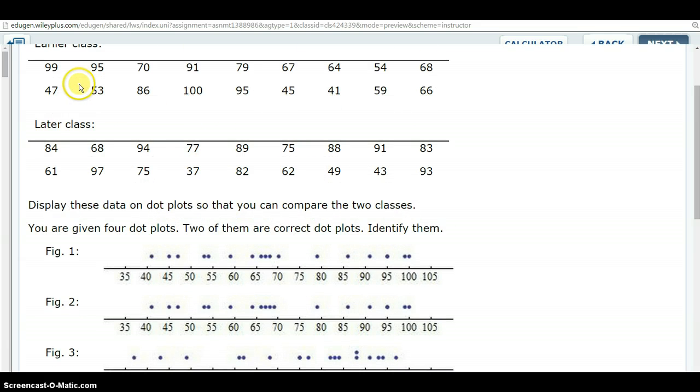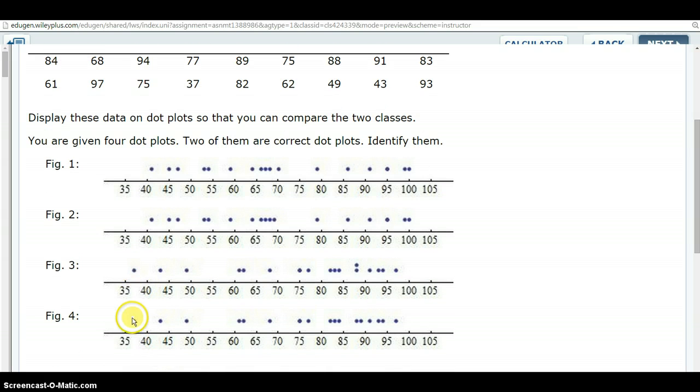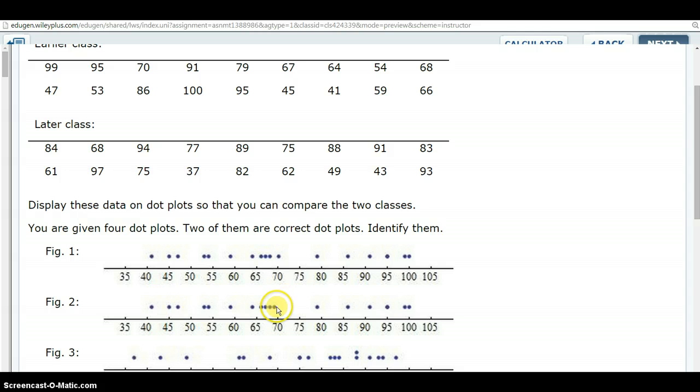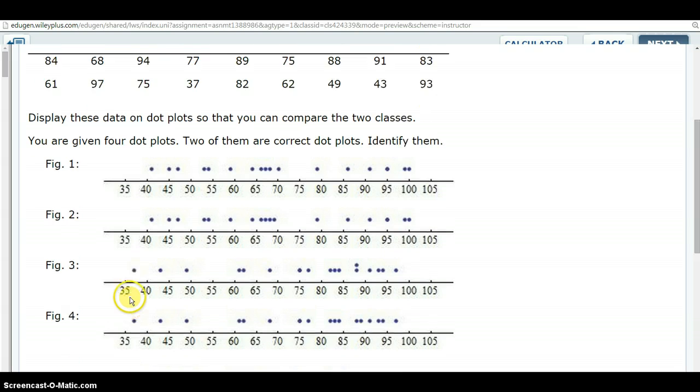Notice I'm not checking all the rest of the dots to see if everything matches up, because I know that this class is going to be represented by one of these dot plots. I know that it doesn't have a 37, so it's not 3 or 4. And I know that it doesn't have this 69, instead it has this 70, so I'm going to go with figure 1.